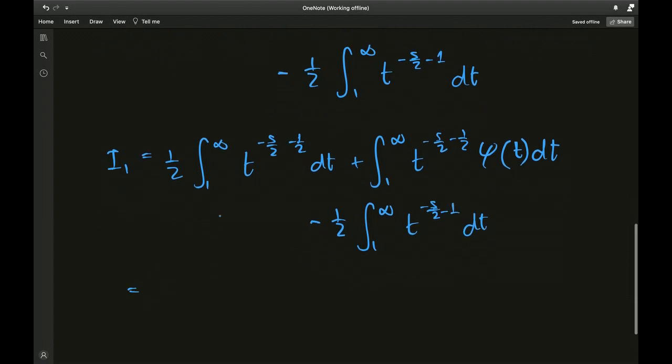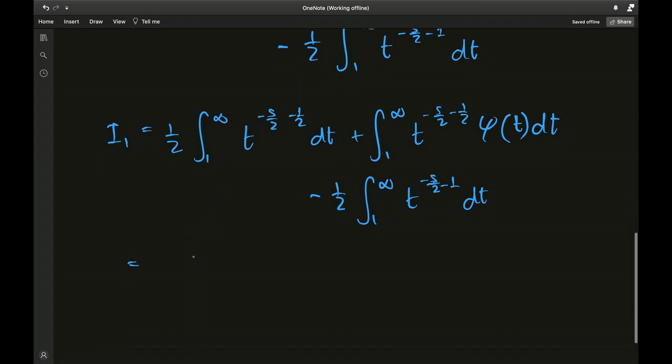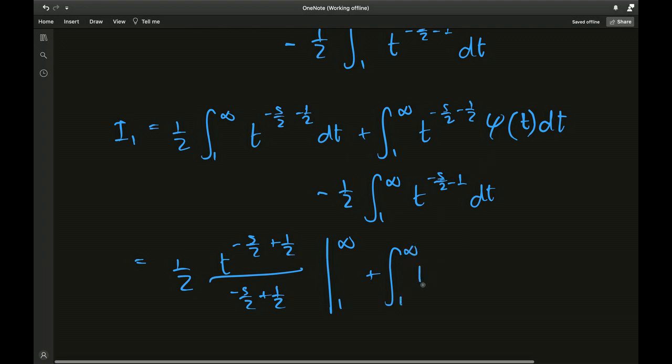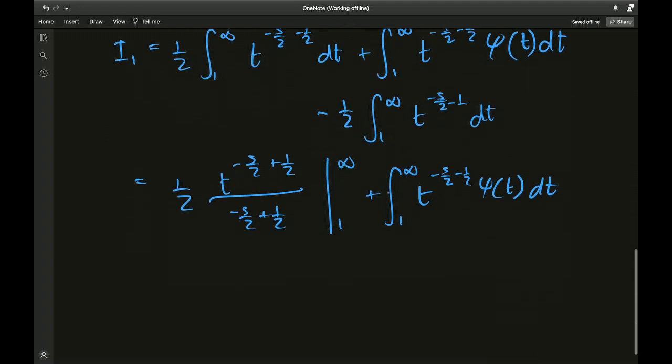We can do the first thing properly. The antiderivative is going to be easy, just use the power rule: t to the negative s over 2 plus half divided by the new power, which is minus s over 2 plus half, evaluated from 1 to infinity, plus keep this integral with the psi as it is, and then evaluate this one.